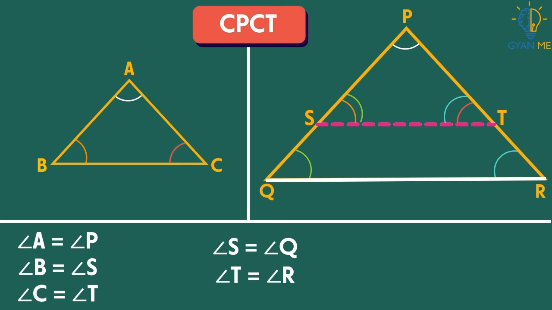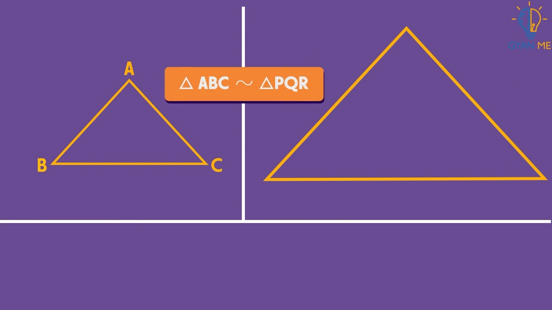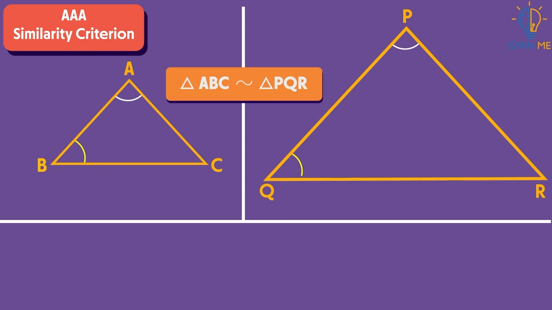So replacing these angles in our equation 5, we get angle A is equal to angle P, angle B equal to angle Q, and angle C equal to angle R. Hence we conclude that triangle ABC and triangle PQR are similar by applying AAA similarity criteria.